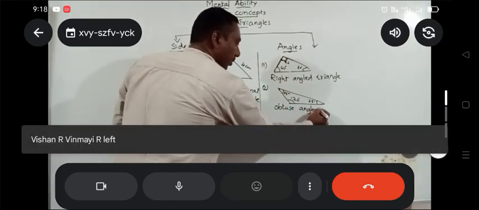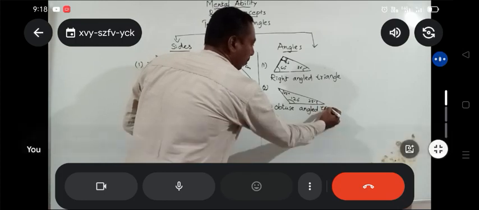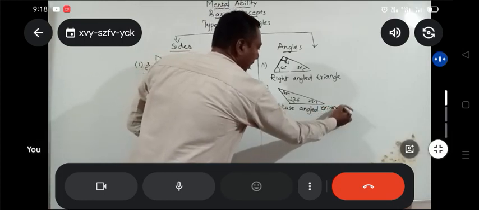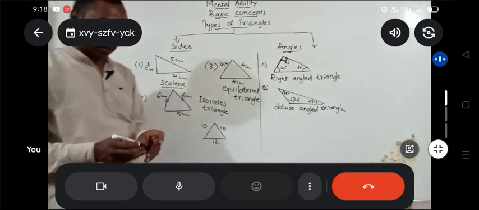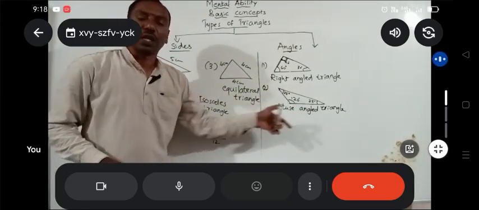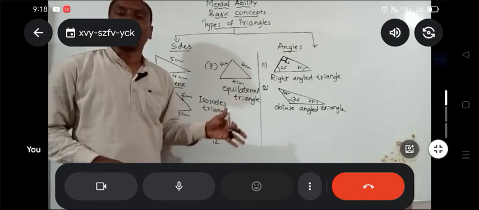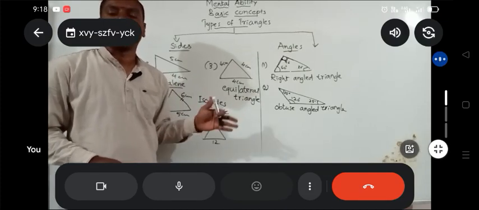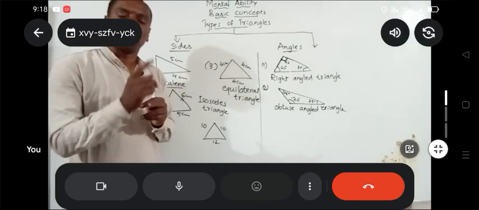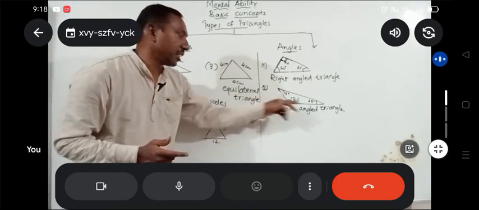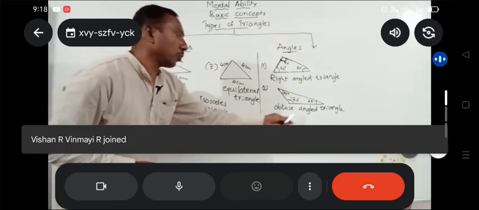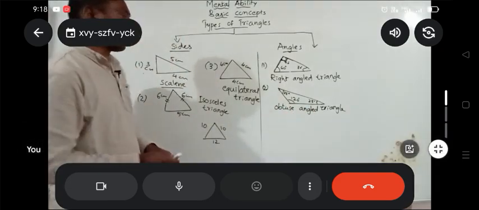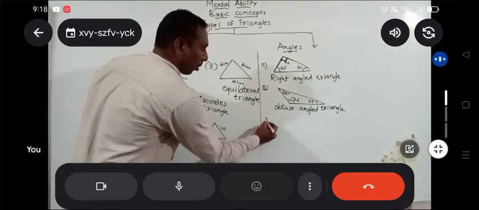Below 180 degrees. Very good, excellent. You have provided me with the right answer. Obtuse angled triangle: if any one of the angles is more than 90 degrees and less than 180 degrees, that is, if any one obtuse angle is present in any triangle, that triangle is called an obtuse angle triangle.